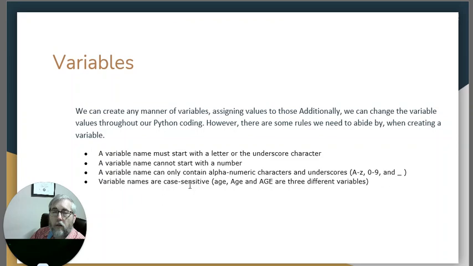Also be aware of case sensitivity. As an example, if I create a capital AGE equal to 51, and I also say capital A, capital G, capital E is equal to 20, those are two separate variables, each equaling different values. Okay? All right, moving on.